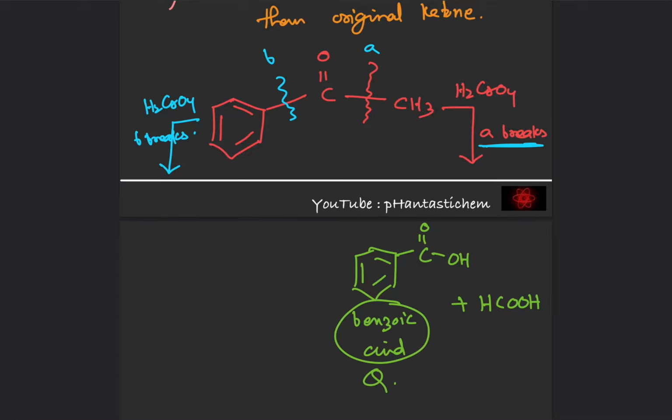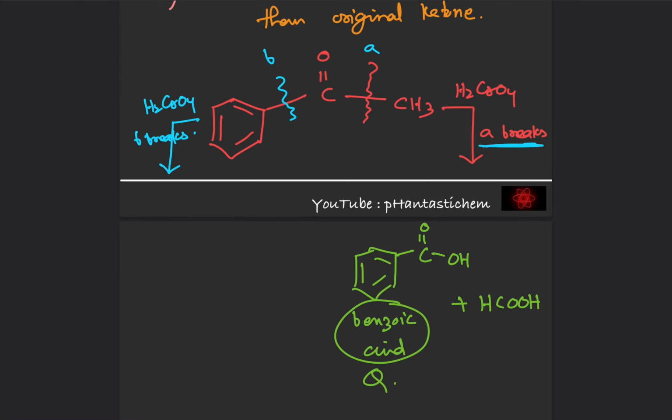Then what about this path B? This won't happen, this bond won't break, because if you remember, there is resonance here, so this double bond can come here, and because of resonance there is a double bond character on this bond, and to break this bond is going to be very, very difficult.